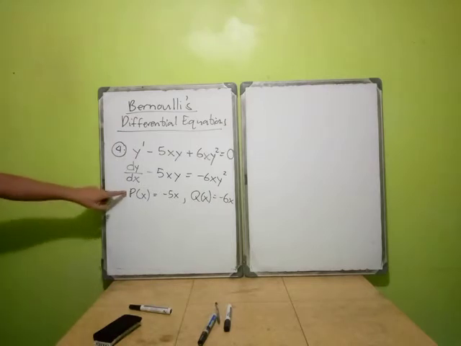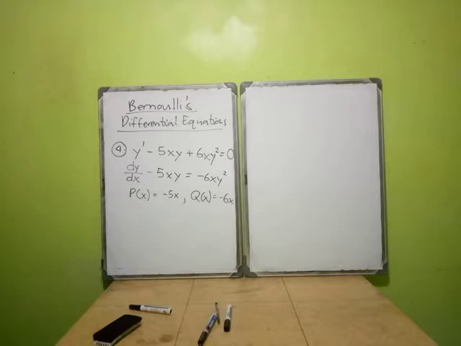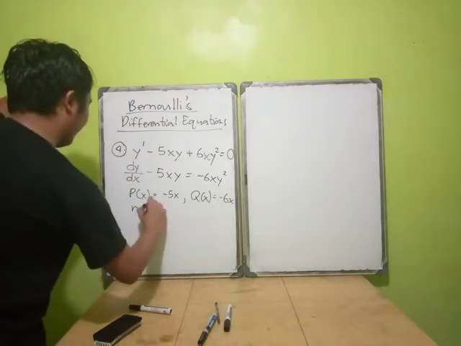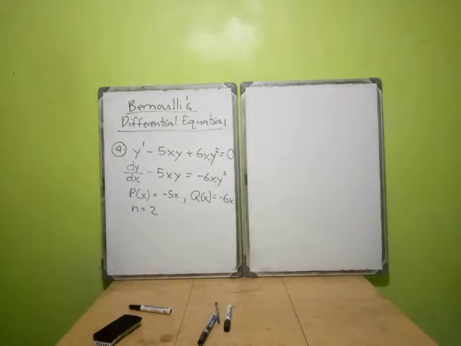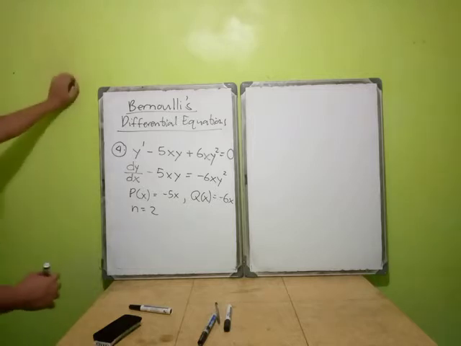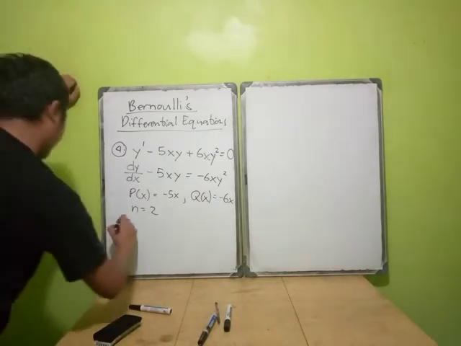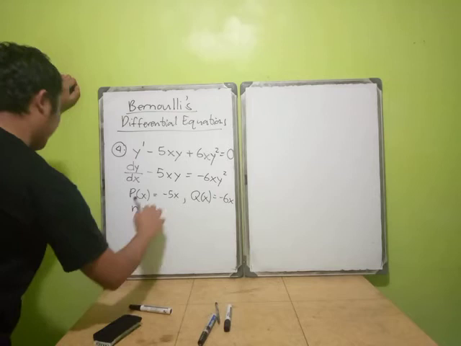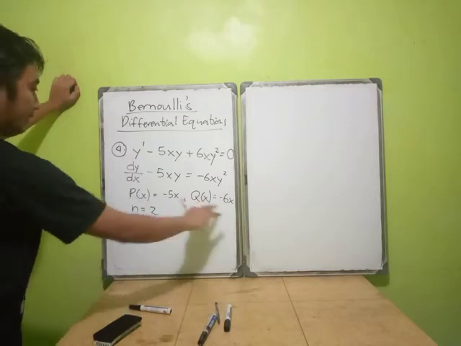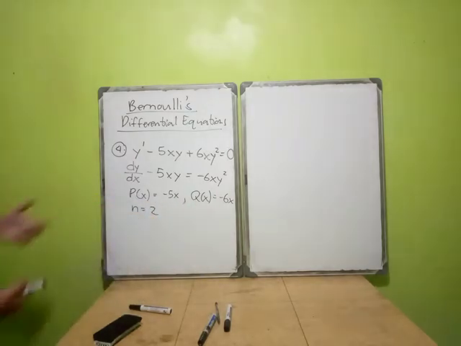So, from that, okay, so ma-identify din pala natin si n. Si n dito is 2. Okay. So, from that, pwede natin magamit kaagad yung template natin doon sa first example. Okay, so as you can remember, your px, okay, nandito na yung px, qx, nandito na rin yung n.